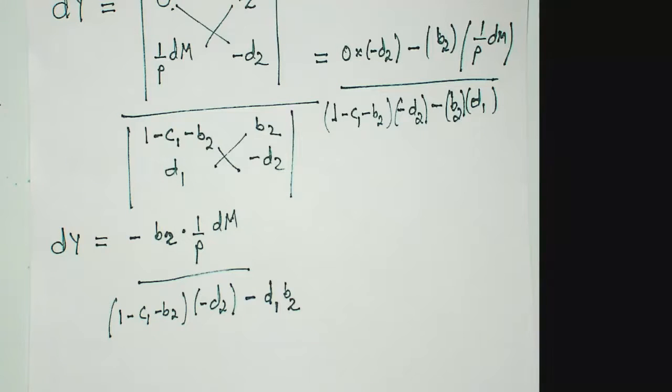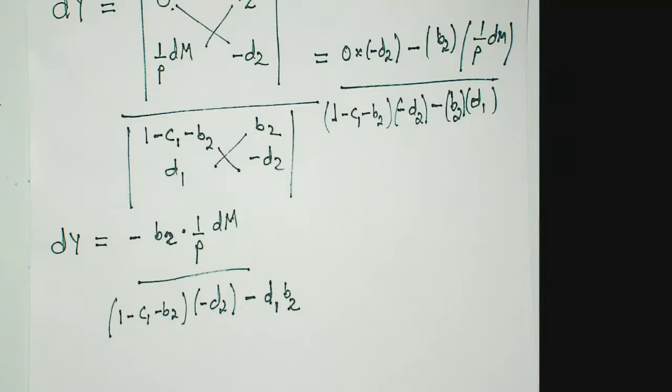So the question indicates that we wanted to know how an expansionary monetary policy would affect the equilibrium income. So we want to know, if my monetary policy is expansionary, by how much would be the impact of this expansionary monetary policy on my income.